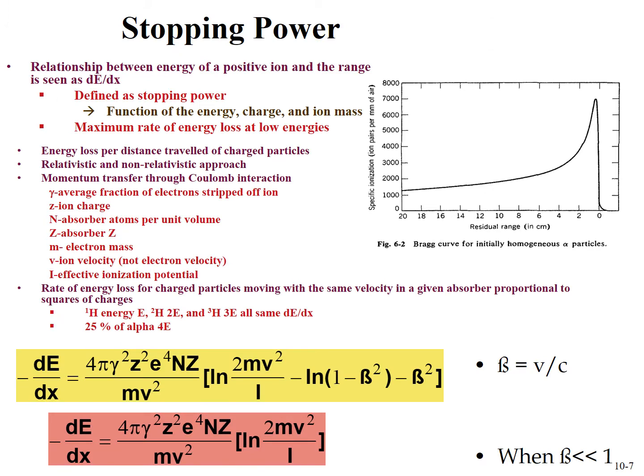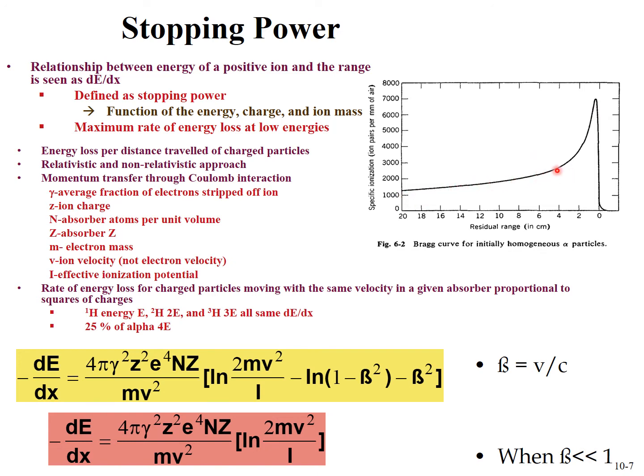So there's a relationship between the positive ion and the range, and it's called stopping power. It's the change of energy over the change of distance. We saw that in the range. This definition of stopping power is a function of energy, charge, and the ion mass, and it describes a maximum rate of energy loss that occurs at low energies. One of the ways it's described is what's shown here as a Bragg curve.